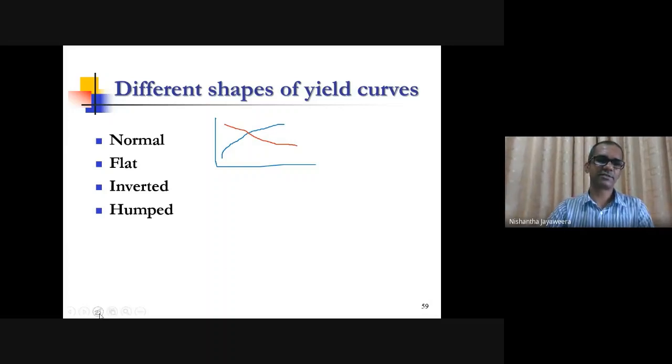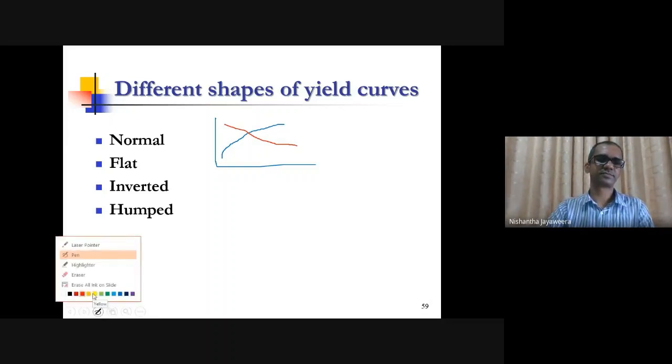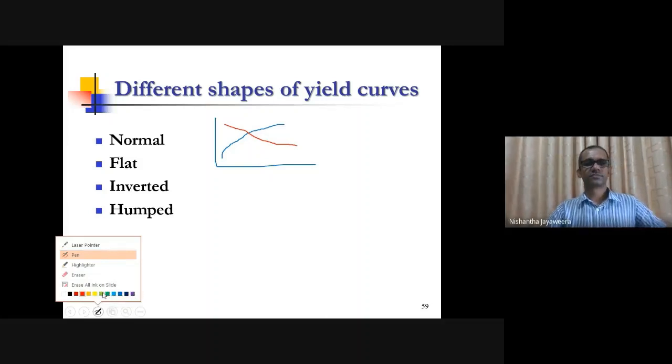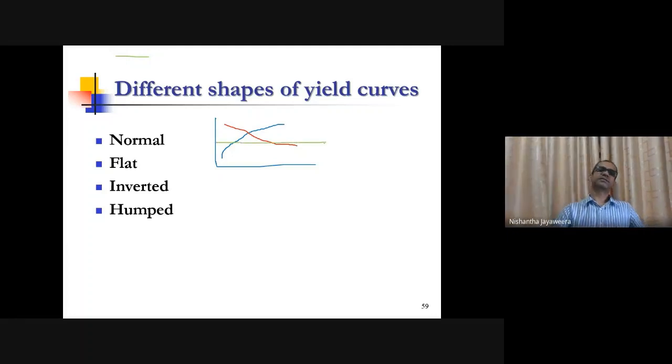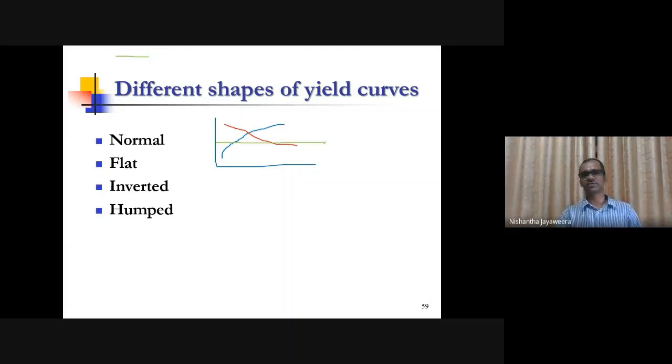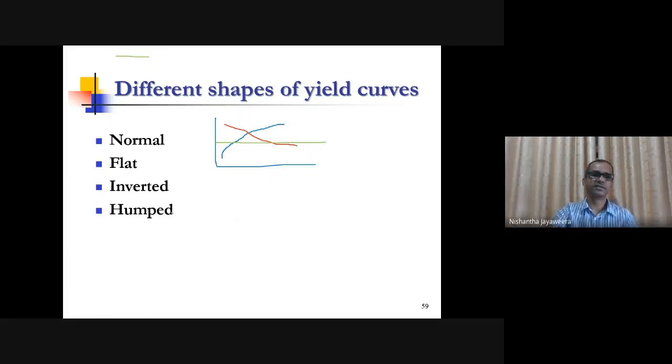In a flat one, we expect no change in interest rates, whatever the maturity. For the same maturity, we charge the same interest rate.